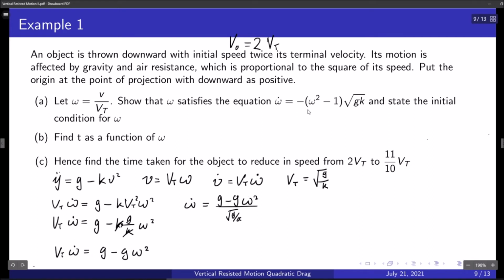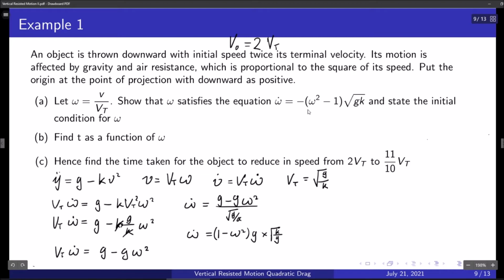So omega dot just equals 1 minus omega squared, times g times the square root of k over g.